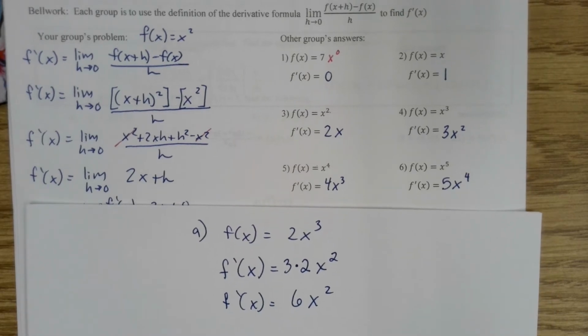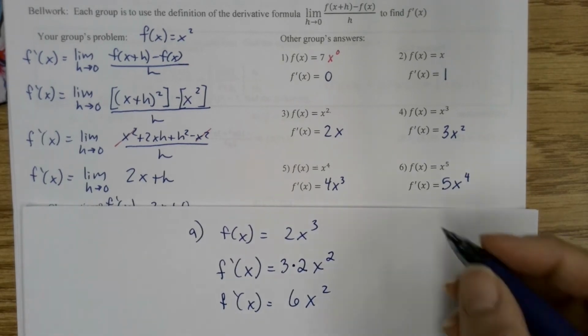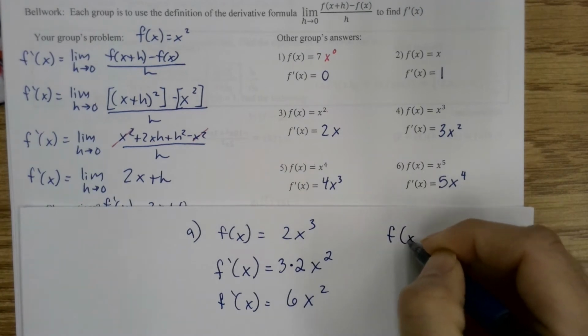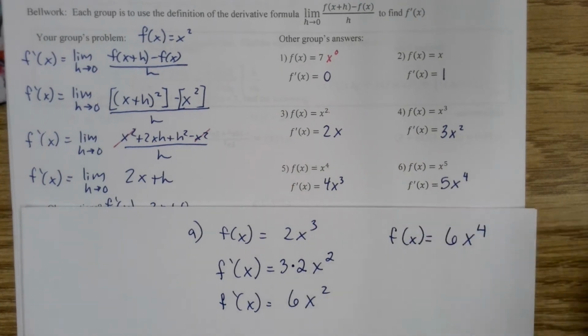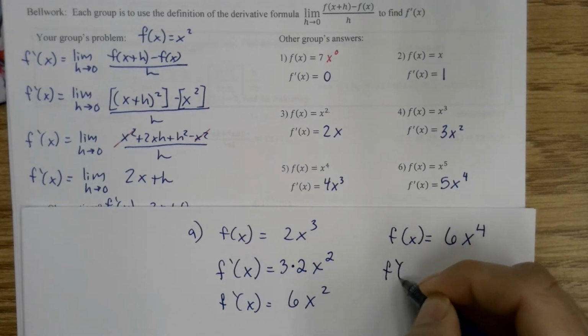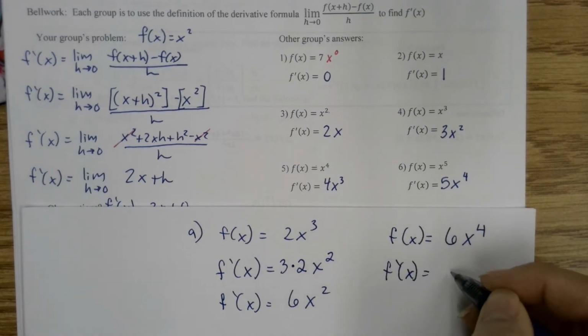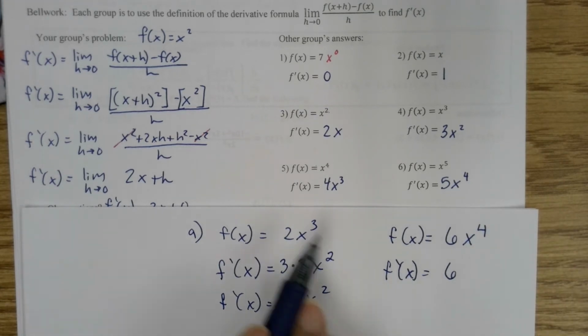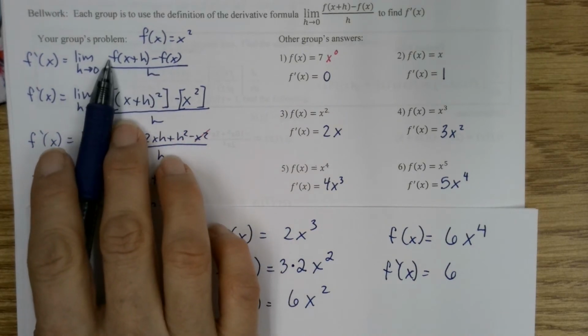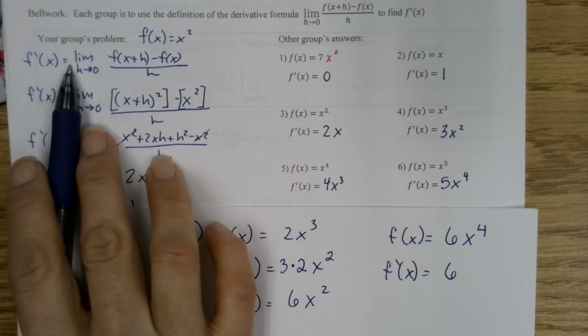And if we wanted to look at one more example of this, let's say we had something like f of x equals 6x to the 4th power. The 6 just carries on down. You can also remember we have a limit law that allows us to take a coefficient of a limit and pull it out to the front of the limit.